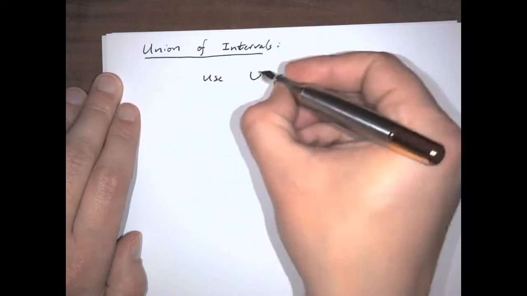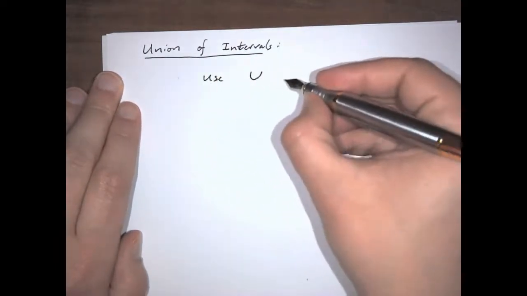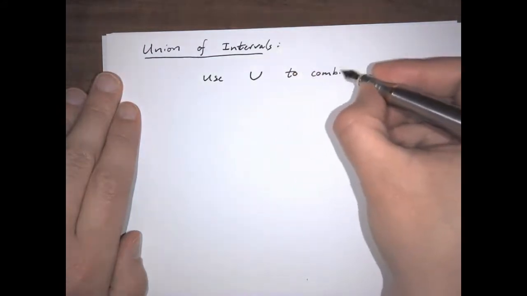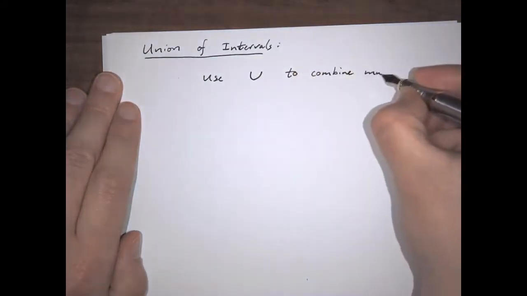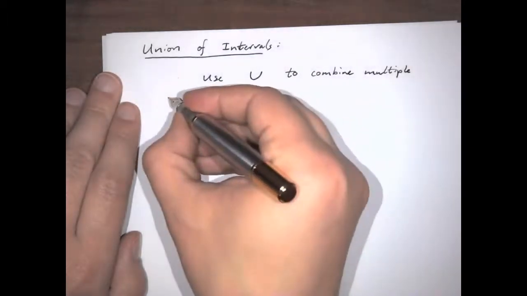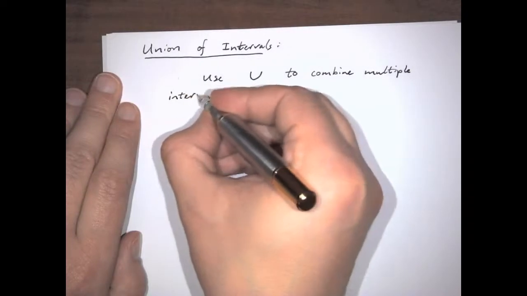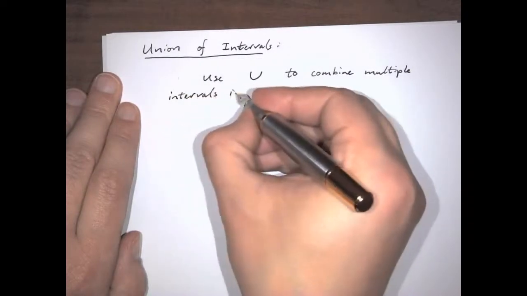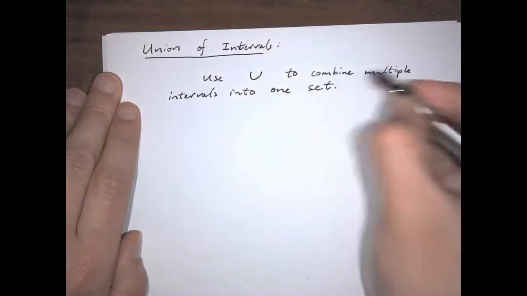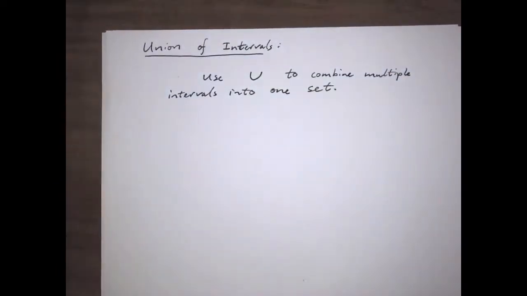So we use a U-shaped symbol here. We use that to combine multiple intervals into one set.